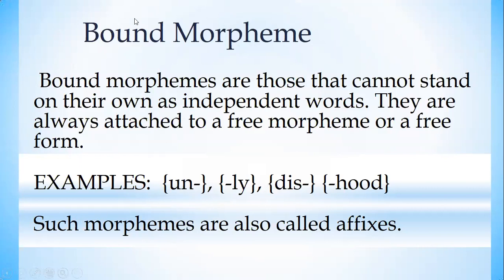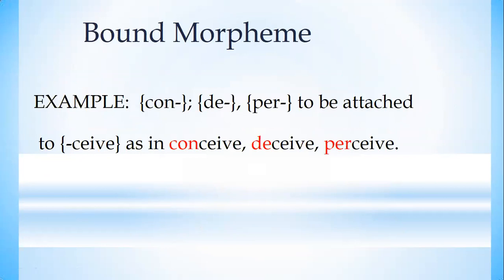Examples of bound morphemes are un, ly, dis, or hood. For example, con, de, per, to be attached to create a word: conceive, deceive, perceive.